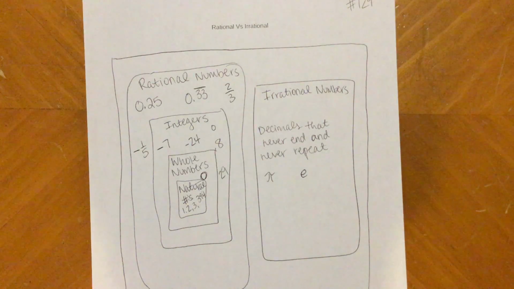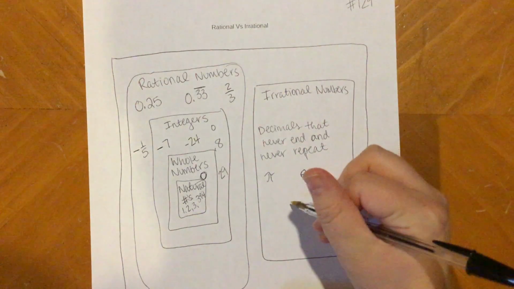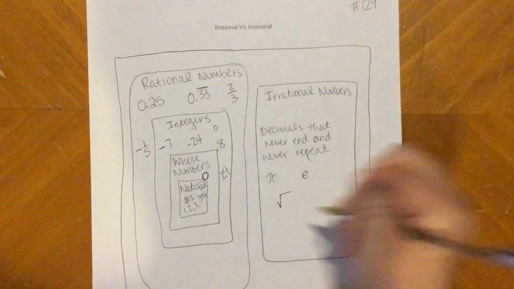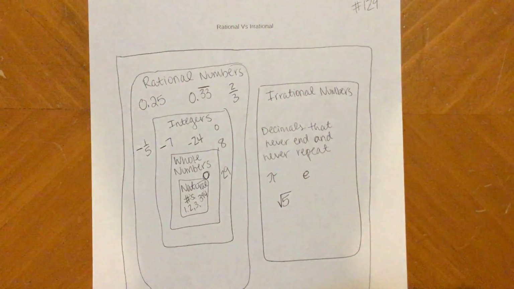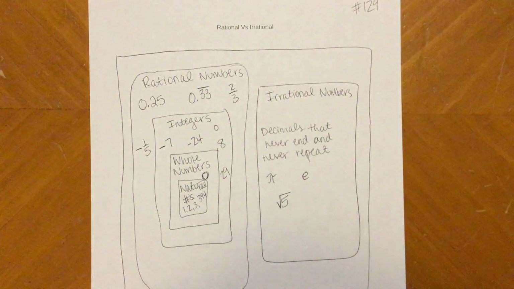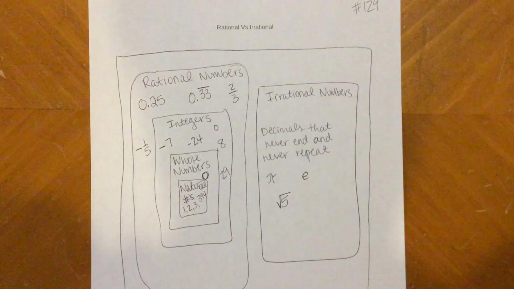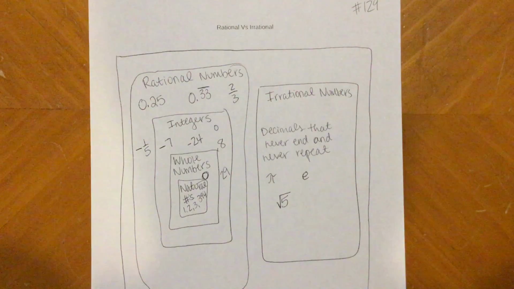But it can also be when we try to take the square root of something that does not have a square root. So like the square root of 5. There is no square root of 5, and if I tried to plug that number into my calculator as a square root, I'm going to get a decimal that goes on forever and it never ends. Right?